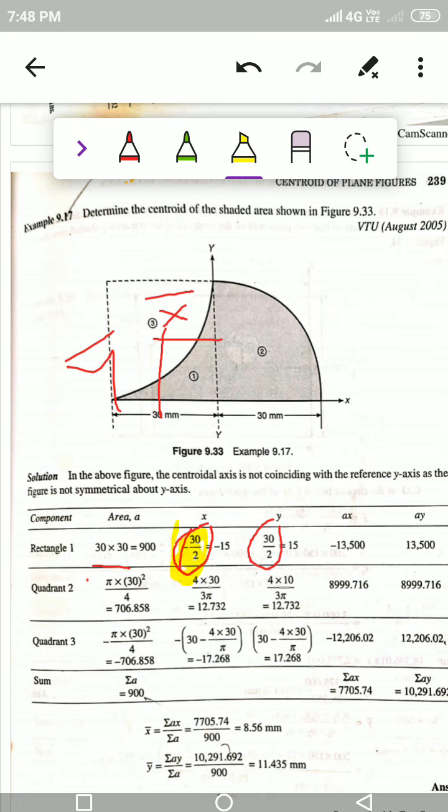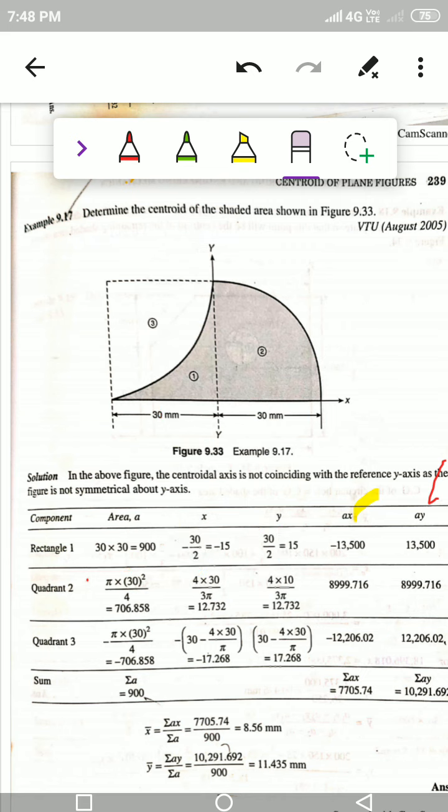Therefore, it is minus 30 by 2. Clear? After that you have to calculate the remaining ax and ay, which is similar. Is it clear why it is negative? It is on the left side of the y axis, therefore it is minus 30 divided by 2. So this is the centroid of the first geometrical figure, the rectangle.